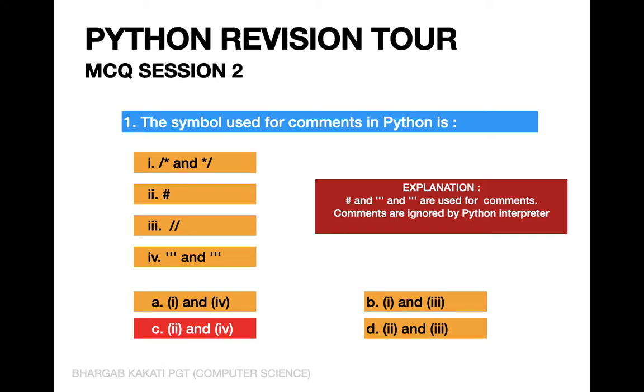For your information, the first option, /* and //, is used in the C++ and C programming languages, and the third option, //, is used in the Java programming language, and it may be used for some other programming languages also. But specifically, if I am talking about Python, the symbols hash and triple quotes are used for comments. I hope it is clear.